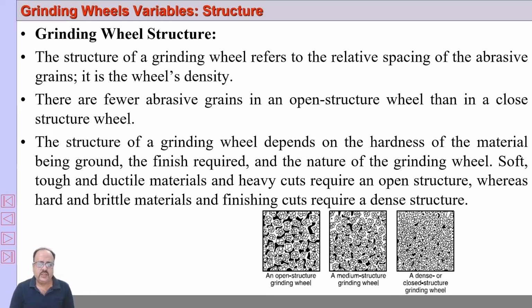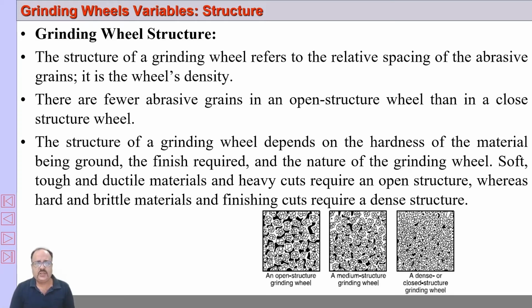Grinding wheel structure. The relative spacing between the grains also influences the grinding process. If the relative spacing is more, it can accommodate a large amount of workpiece material which is machined or chipped off from the workpiece.